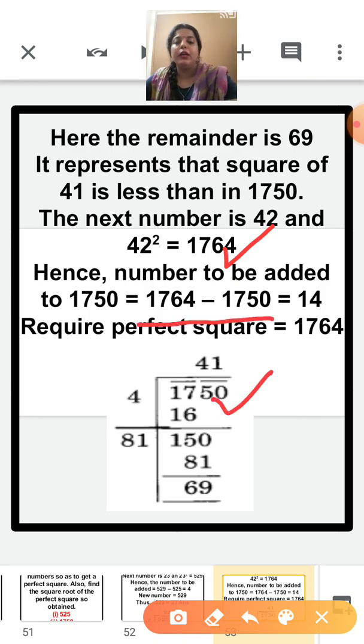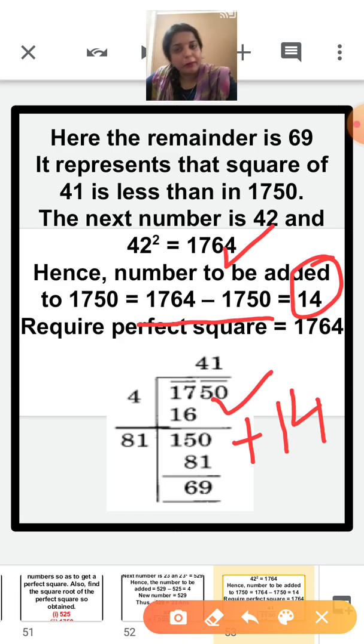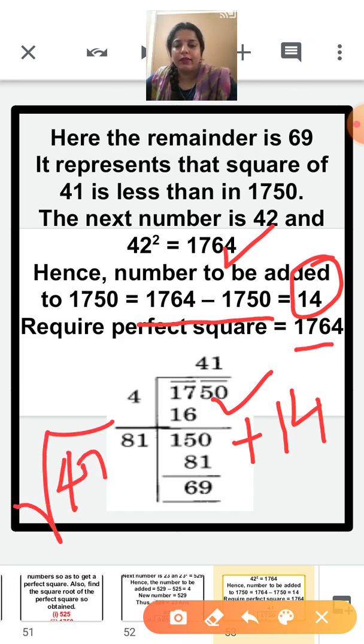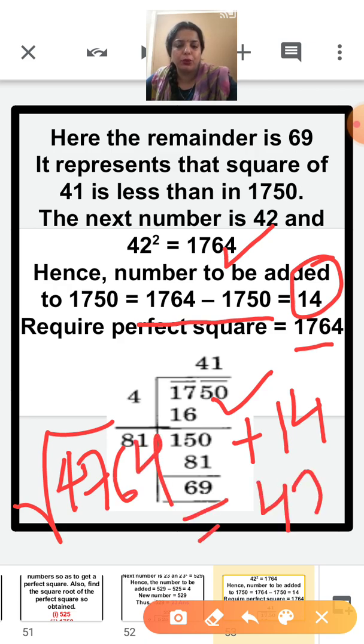Subtract both of them, you get 14. It means if we add 14 to 1750, that number can become a perfect square. I hope you are getting my point. After that you will get 1764, and we know that 1764 is the square of 42.